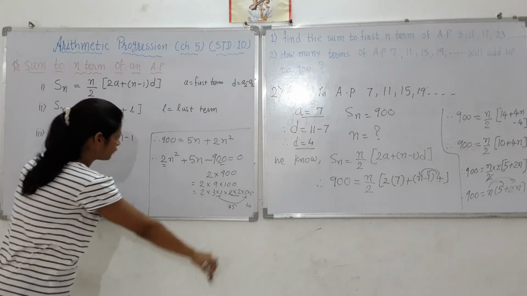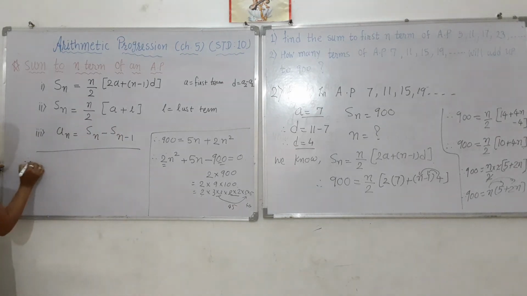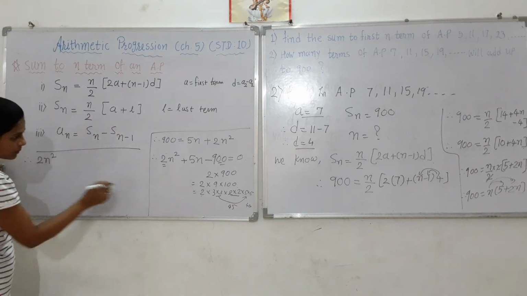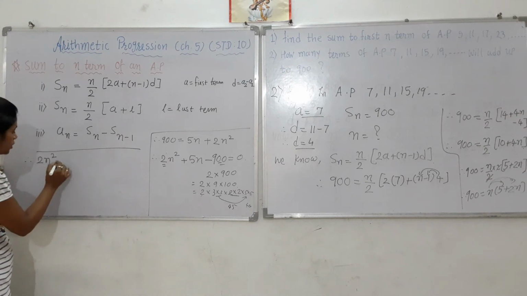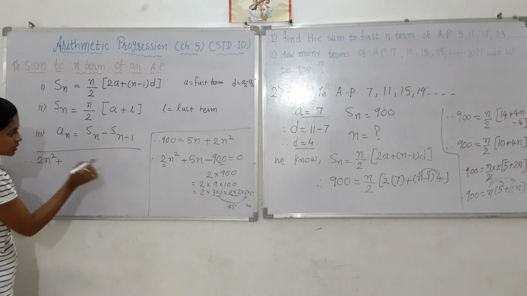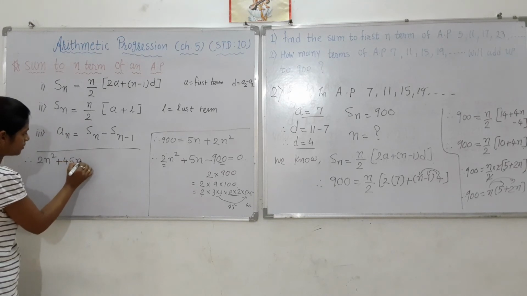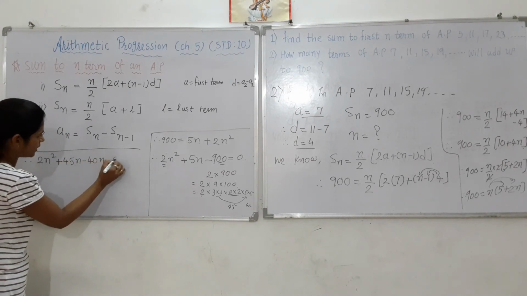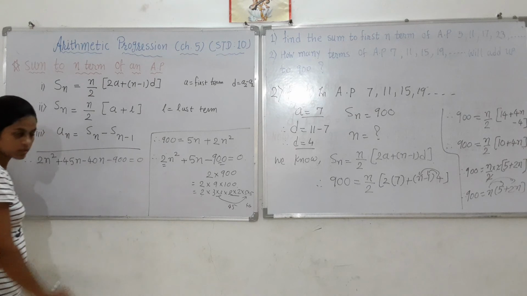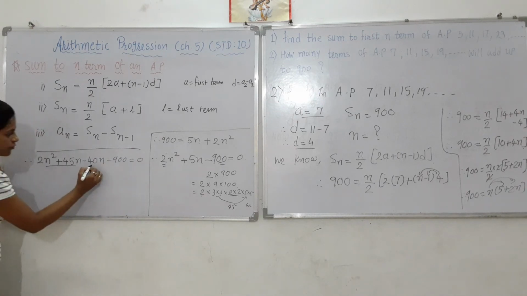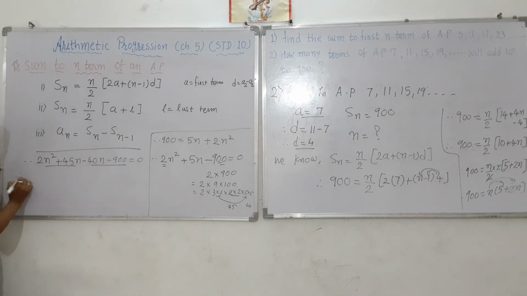40 and 45. So you can write 2n square, make a pair of this 40 and 45, so you can write plus 45n minus 40n minus 900 equal to 0. Take out common from the first two and last two.